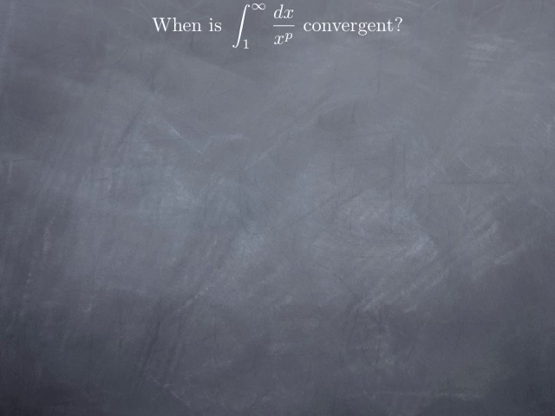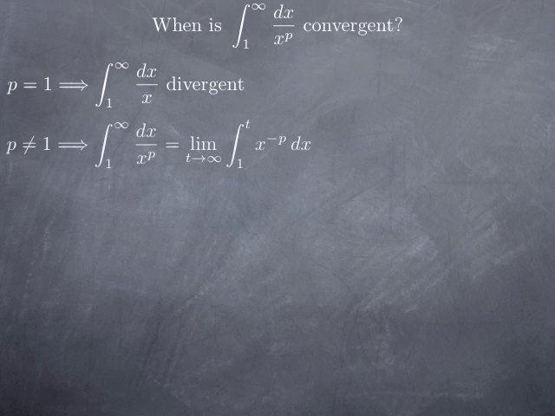And in fact, we can establish a simple condition on p for this integral to be convergent. We already know that when p is 1, the integral is divergent, so we can assume p is not 1. That means that what we're integrating is x to the negative p, where negative p is not negative 1.